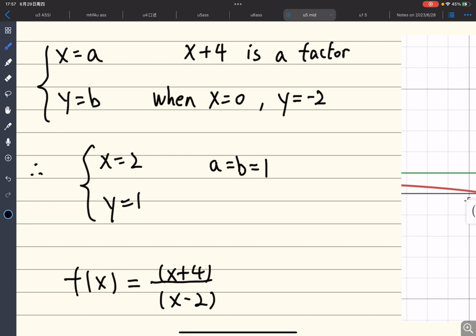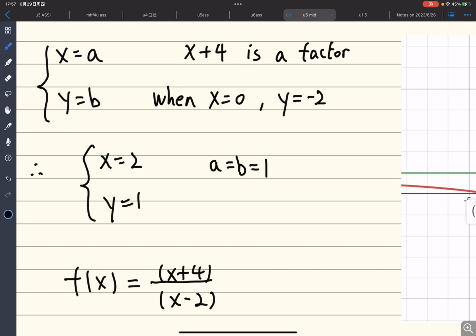Finally, the function has a horizontal asymptote at y equals 1, which means that the degree of the polynomial in the numerator and the denominator must be the same, and the ratio of the leading coefficients must be 1.